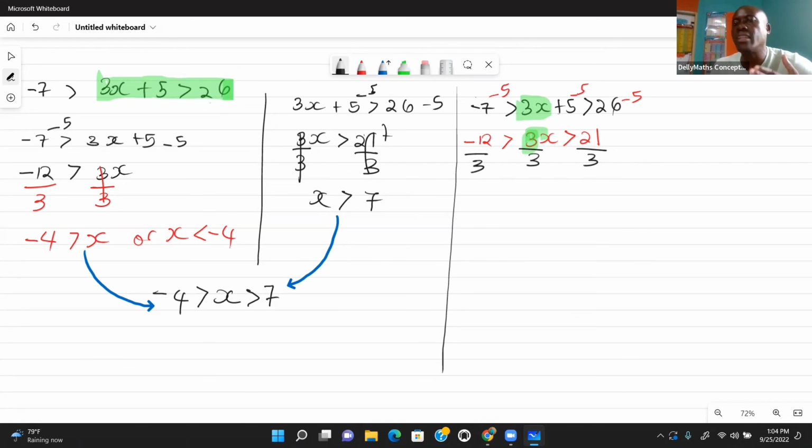Negative 12 divided by 3 is negative 4. I put back my symbol. 3 divided by 3 leaves x, and then you could see we get the 7. Technically, I kind of like this one, simply because I arrive at the answer in no time. I'm just going down in 2-3 steps, and I'm finished.